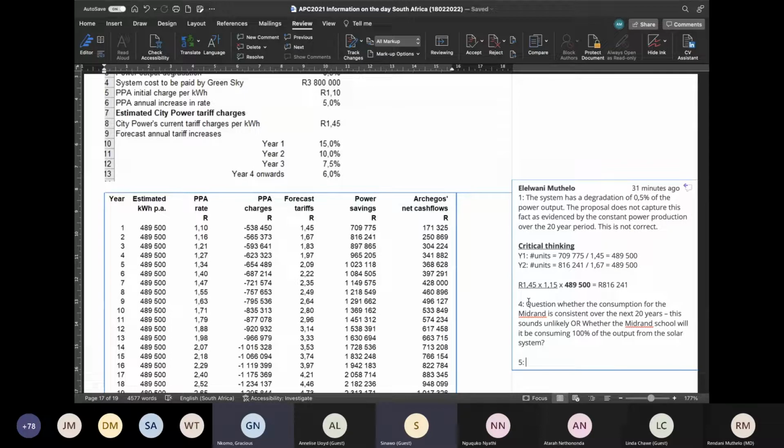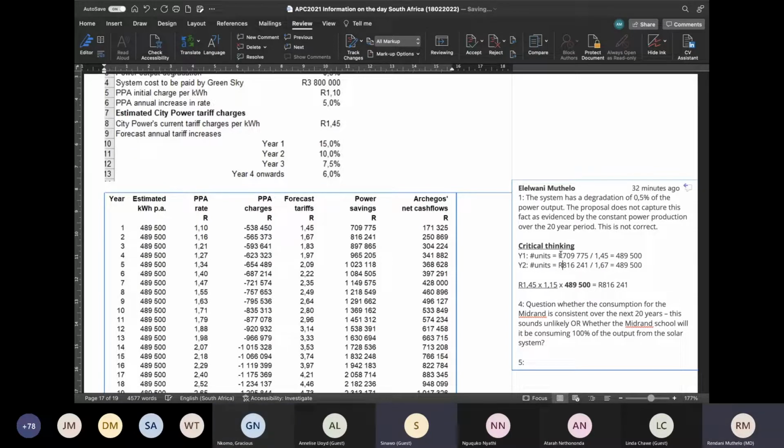So what I'm picking up is that even though the information says you shouldn't redo the calculation, it is important that you understand how the answer is derived. So in this case, how is the saving derived? Meaning at least try to pick up one or two lines and understand how they calculated the saving, for you to actually raise a valid point.